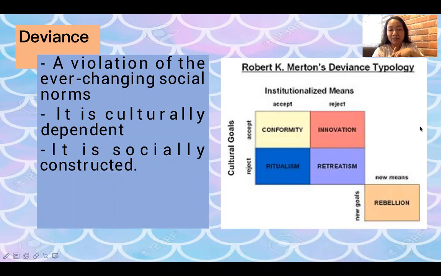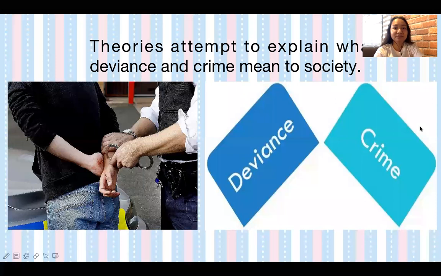It could be when he is conforming, or innovating, or submitting to rituals in which he would accept the means and reject the goals, or he could retreat in which he would reject the means and the goals, or he could go beyond by creating new means and new goals through rebellion. But they are all considered as deviants.